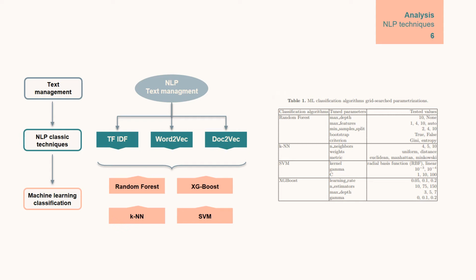And there's a final layer of machine learning classification algorithms, namely random forest, extreme gradient boosting, k-nearest neighbors, and support vector machine, where all NLP techniques are fed into these four classification algorithms, and their parameterization is grid searched over 14 parameters that are shown in the provided table.